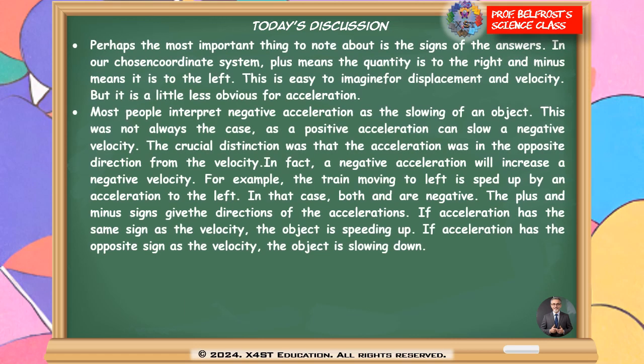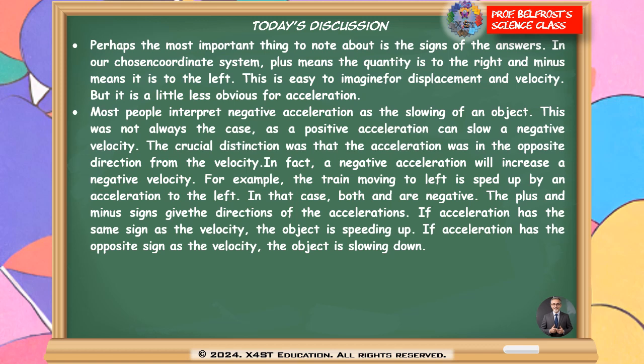Perhaps the most important thing to note is the sign of the answer, if you're doing calculations later in kinematics. In our chosen coordinate system, plus means the coordinates to the right, minus means to the left. This is easy to imagine for displacement and velocity, but it is a little tricky for acceleration.